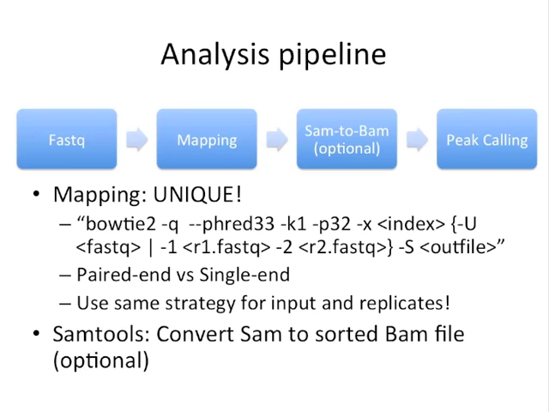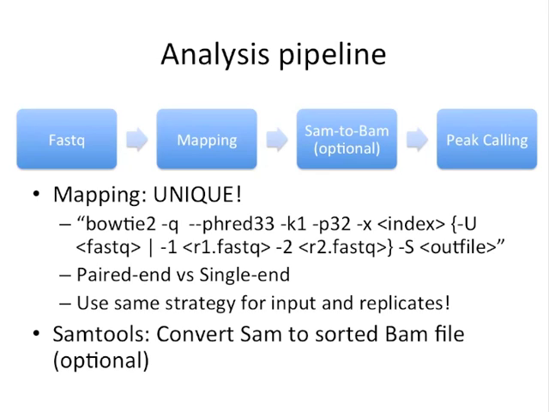It does default to Phred33, but I always like to keep documentation for even the default stuff. -k 1 means only report one mapping per read, which is the uniqueness. And -p 32, in this case, the p is for the number of processors, so multi-threading obviously makes mapping go much faster.